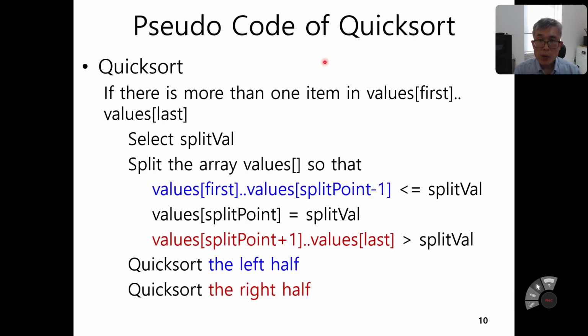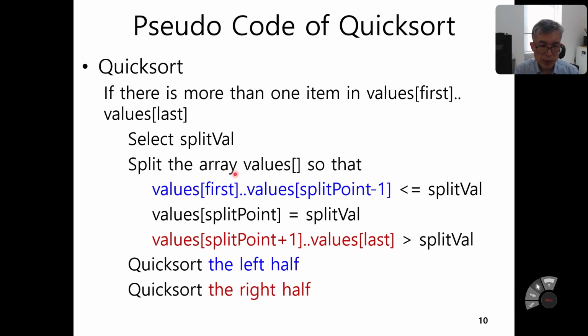Pseudocode of the quicksort function. If there is more than one item in the values array, from values first through values last, okay, so first index is the beginning of values and last index is the end of values, we can call select split value. This one is a pivot value, the criterion to split into two parts, left-hand side and right-hand side.